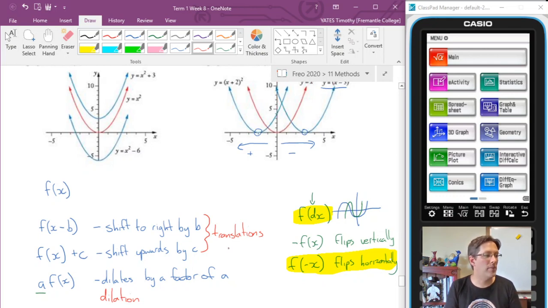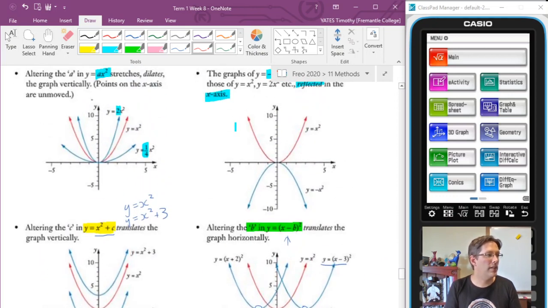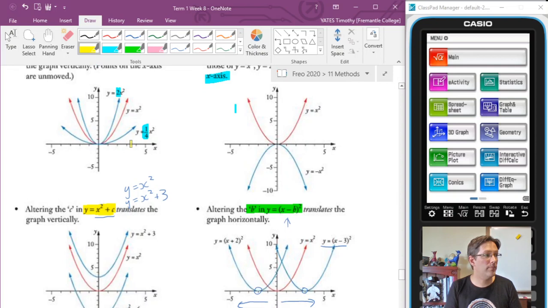And then it would be by a factor of a. So you could say it dilates. When we look at these ones up here, we would say that this one here dilates by a factor of 2, and this one dilates by a factor of a quarter, is how we would say that in the correct terminology.